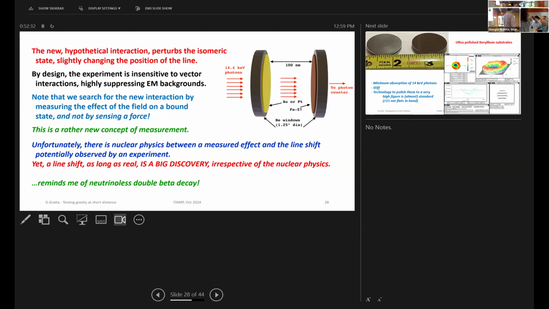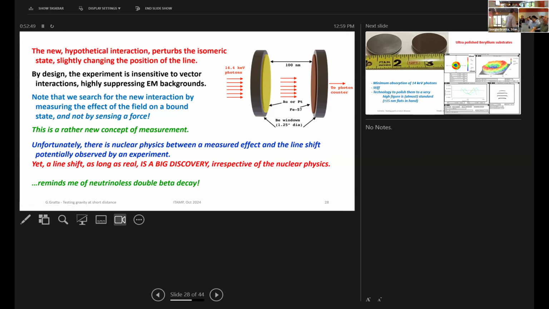Now, that's actually why I was bringing this slide up. This is a little bit like neutrinoless double beta decay, which is my other activity. There is lots of nuclear physics between an effect you would measure and calculating what it really means.